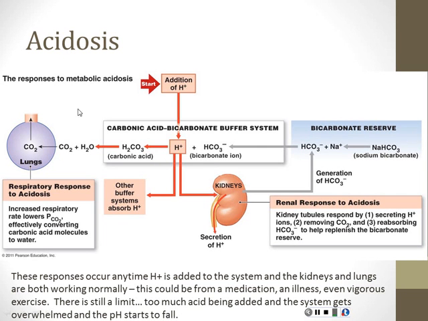Okay. So here we have the addition of hydrogen ions. To get acidotic, you either have to have extra hydrogen ions being made, or you have to be not getting rid of them as fast as you usually do. All right, so we can represent both of those by saying we're adding H pluses.